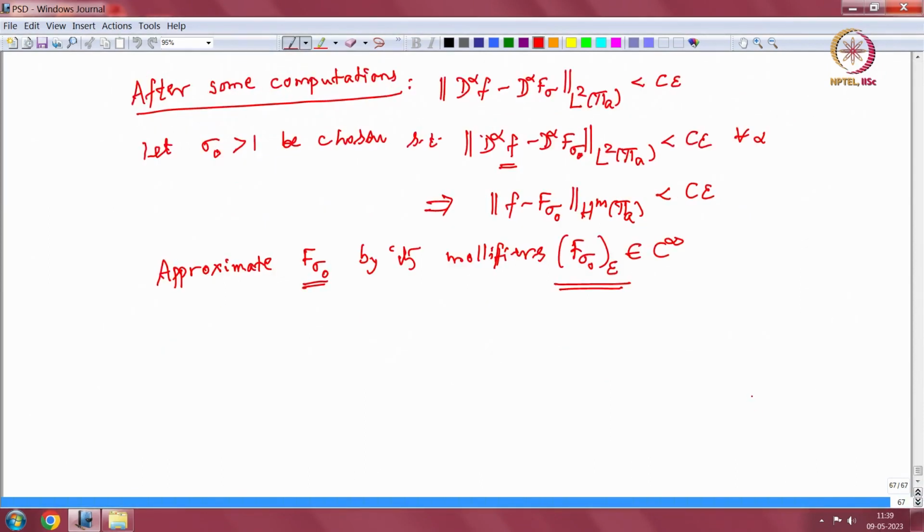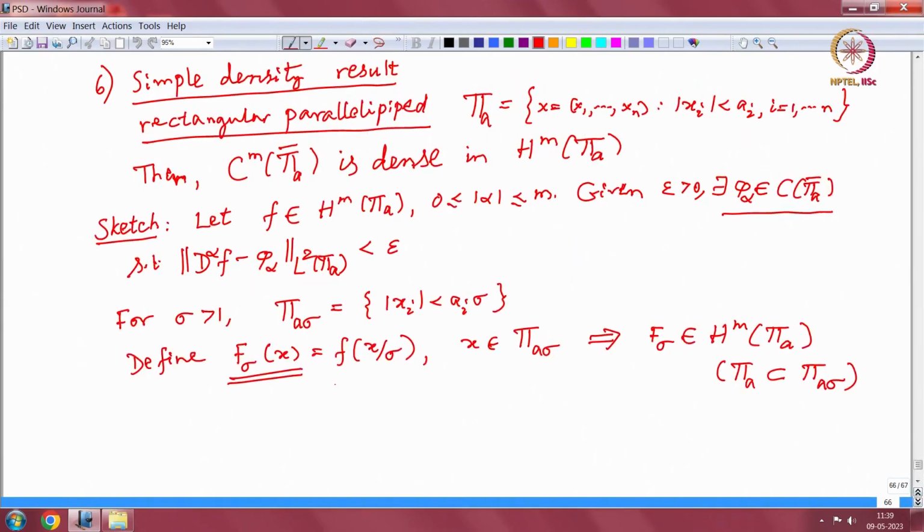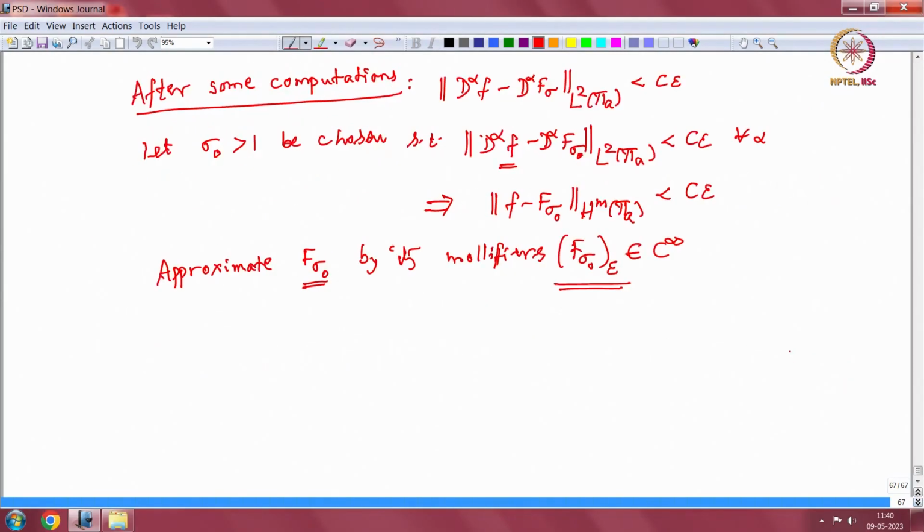Since there is sigma in the definition of f_sigma, when you take derivatives, powers of sigma appear. It is not a difficult computation, but one has to do some careful computation in order to arrive at this approximation.